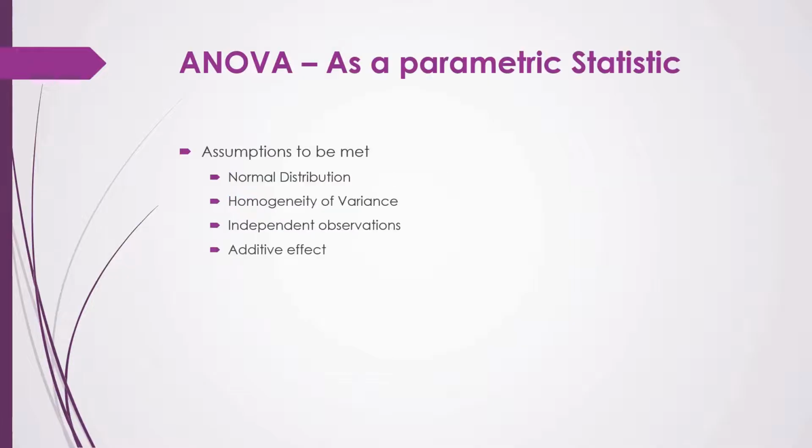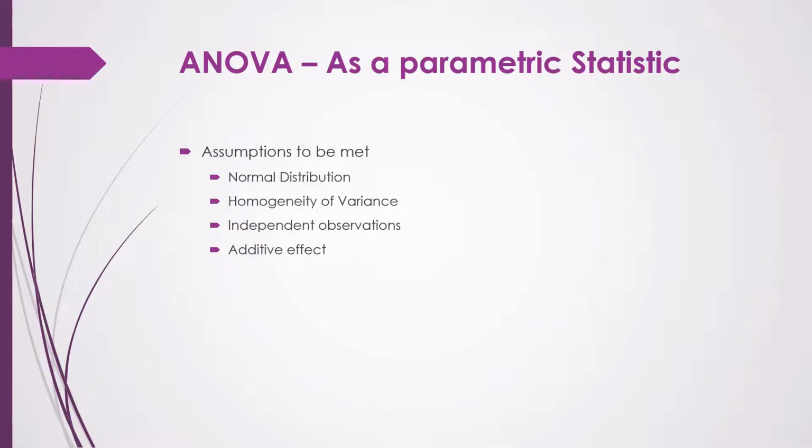The next concept that we need to understand is that ANOVA is a parametric statistic. Now what does that mean? This means ANOVA meets certain assumptions. What are these criteria or assumptions? The first assumption is that the data is normally distributed. Again, what does this mean?